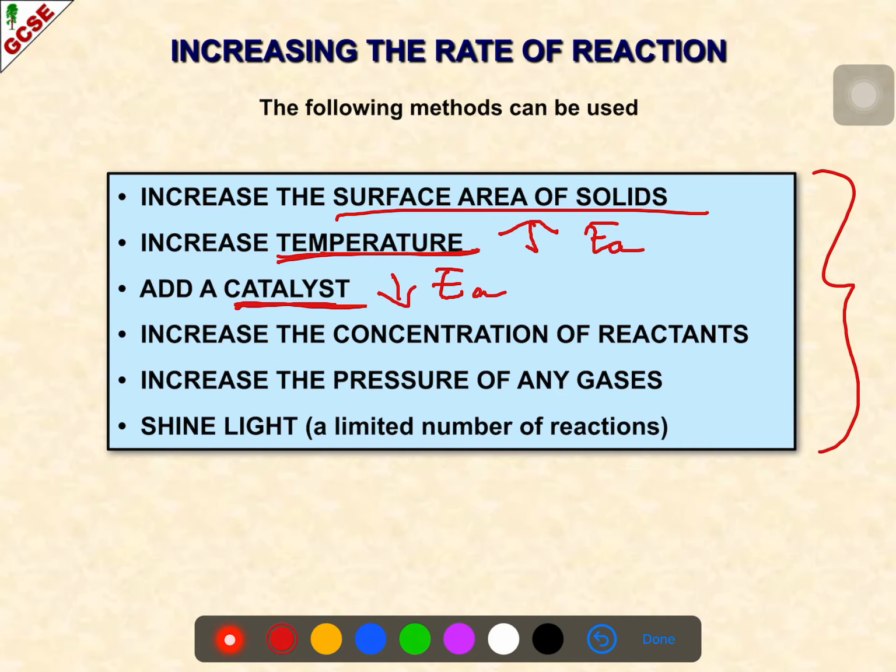When we increase the concentration of reactant, we are increasing the number of particles. That's why when we increase the concentration of reactant, we increase the rate of reaction. Then increasing the pressure of any gases, and then we can shine a light too.